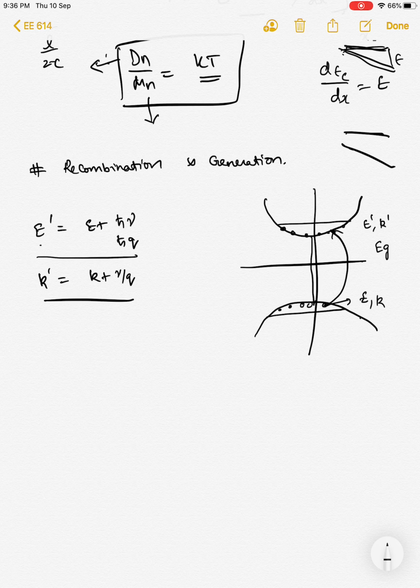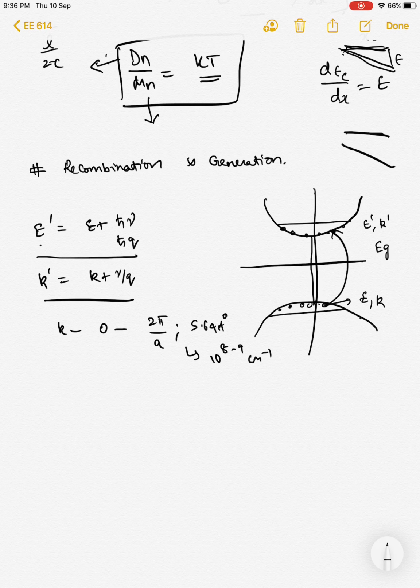The only thing being that, let us say the wave vector of the electron, we know that k values range from 0 to 2 pi by a, and a being the lattice constant, for silicon we know it is about 5.64 angstrom, and this number tends to be somewhere around 10 power 8 to 9 centimeter inverse.